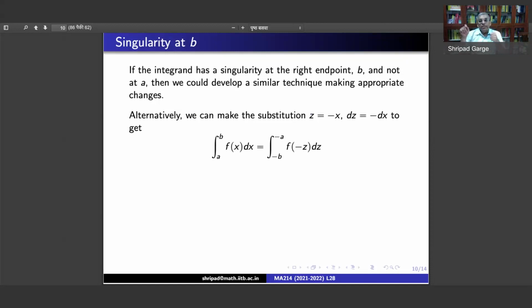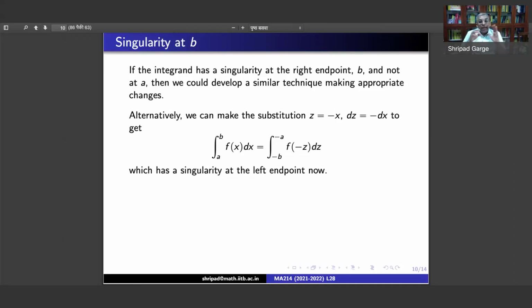And now this function f(minus z) has a singularity at minus b, which is now a left endpoint. So we have converted our integral to an integral of a different function over a different interval, which has now a singularity at the left endpoint.